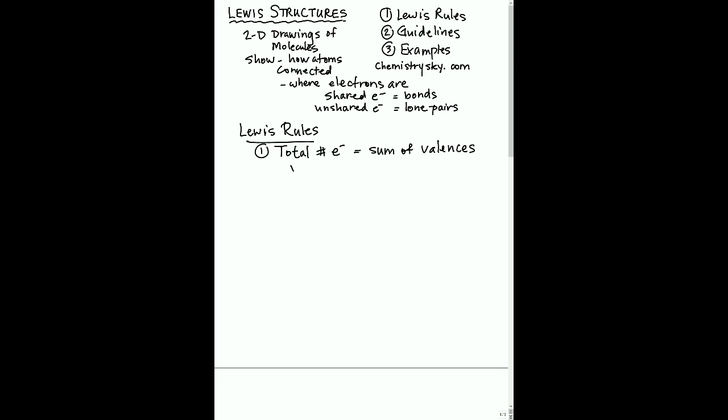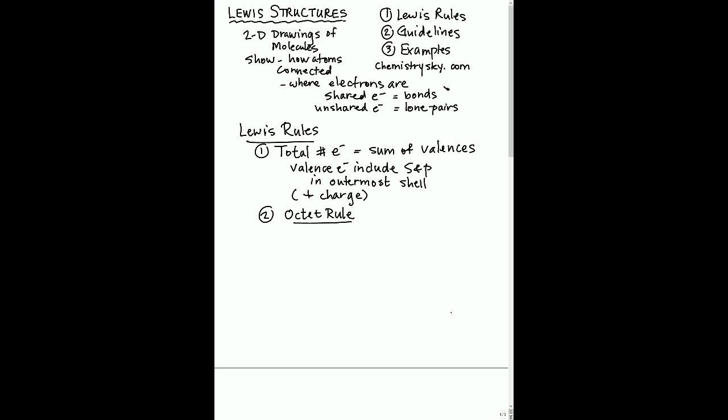And remember, the valence electrons include both S and P, the S and P electrons in the outermost shell. Also you have to take into account any charge. So if you're drawing a polyatomic ion that's negative, you have to add extra electrons, and if it's positive, you remove electrons, for ammonium.